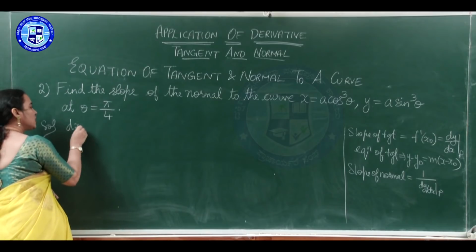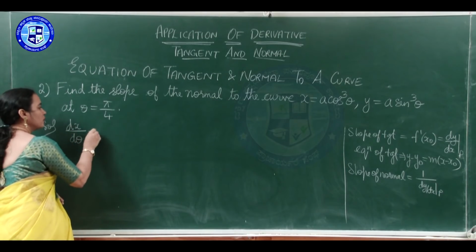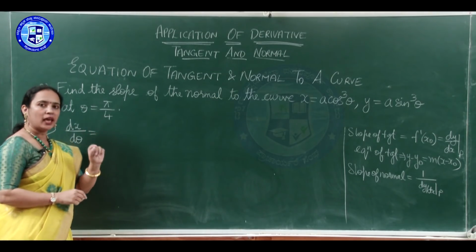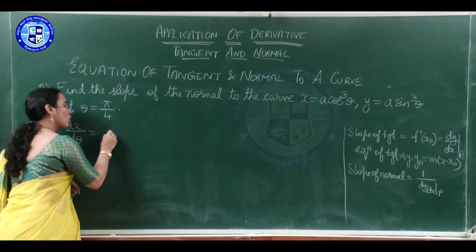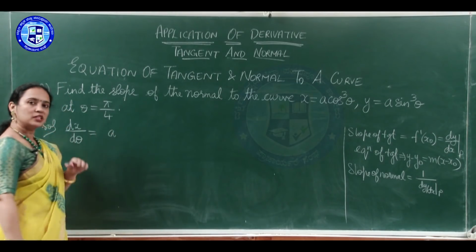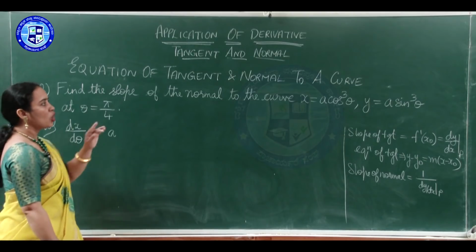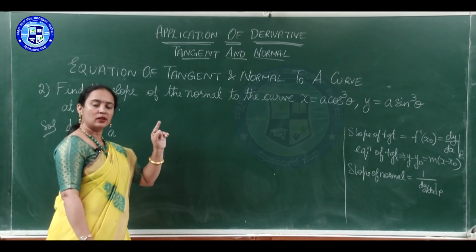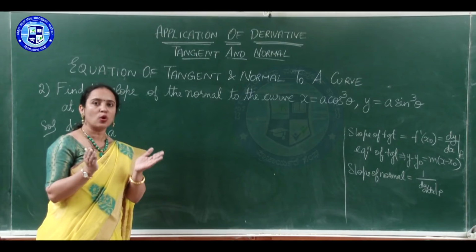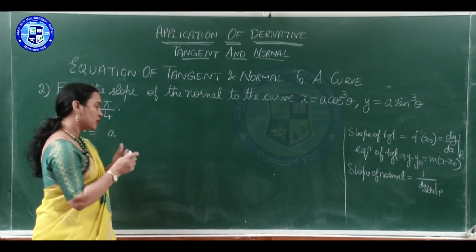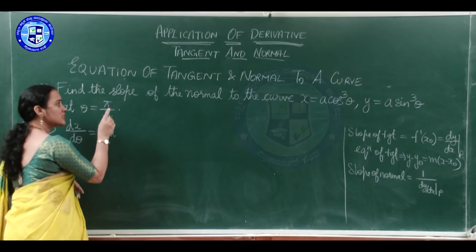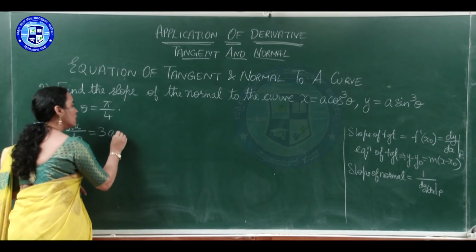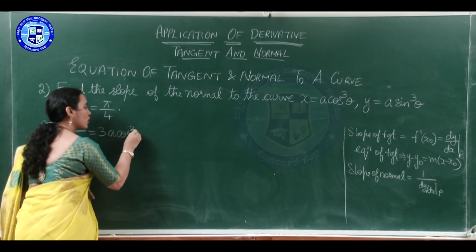So, differentiate x with respect to theta. What is x? a cos cube theta. The constant a in multiplication will remain as it is. Cos cube theta is nothing but cos theta the whole cube. So, first bring the power down and subtract 1 from the power. So, you will get cos square theta.